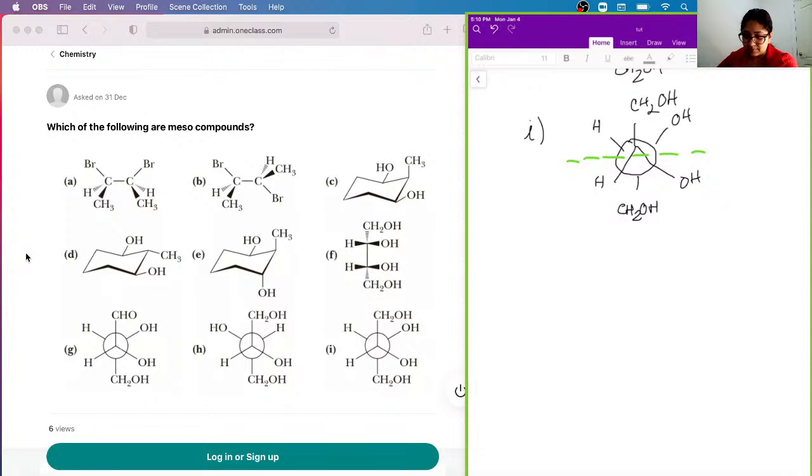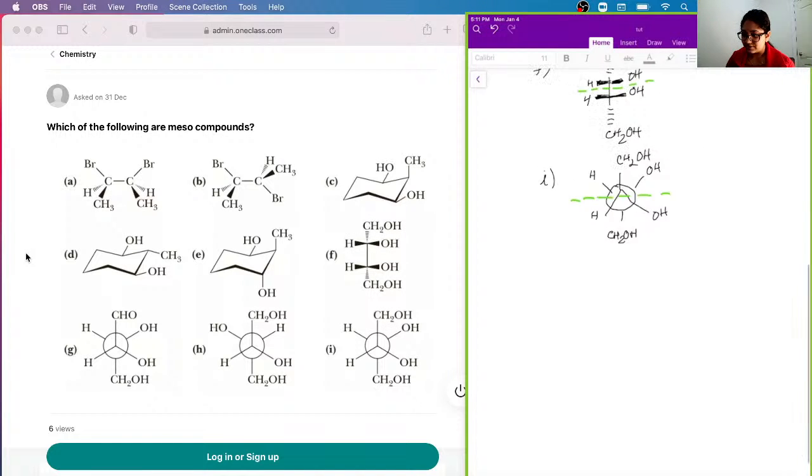And so your only meso compounds are A, D, F, and I, and so those are the answers.